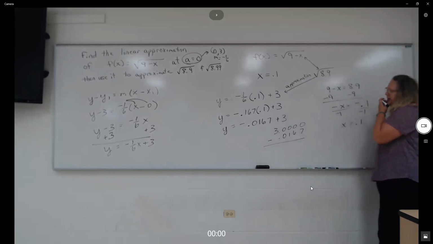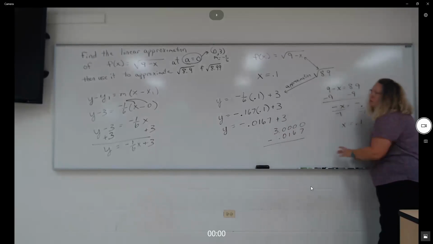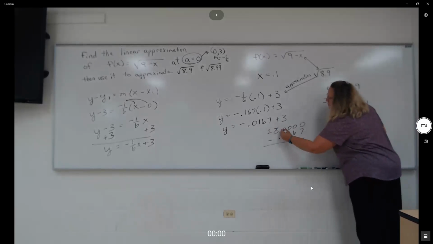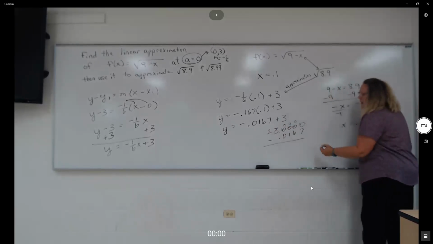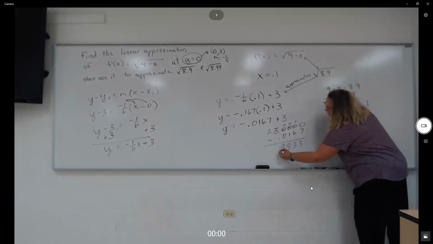And again, if you use your calculator, that's okay, but it's kind of cool to see how far you can get without literally using a calculator. So 3, minus 0.0167, gives about 2.9833.